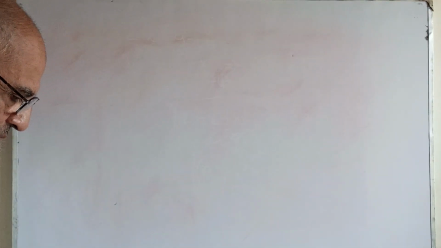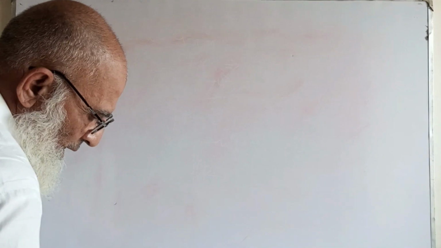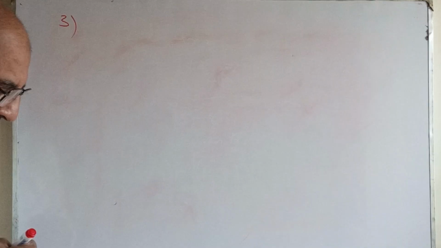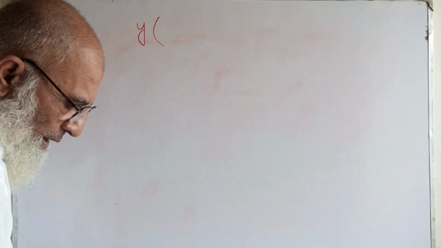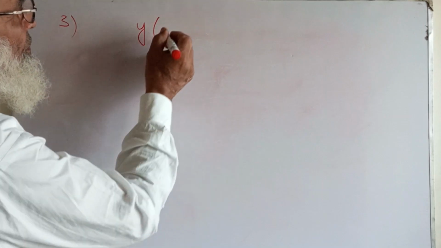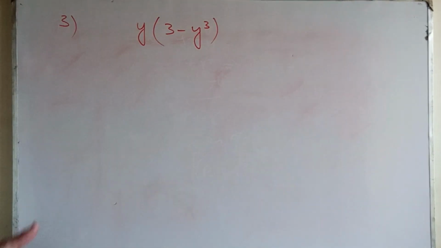Now dear students, let me take question number 3. Very easy questions coming up. Expand the bracket: y within the bracket is 3 minus y cube. Very easy.